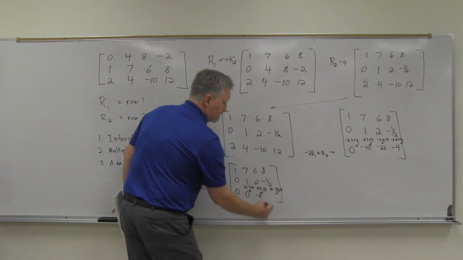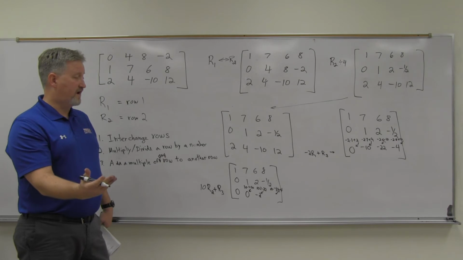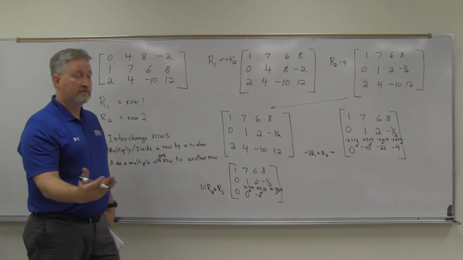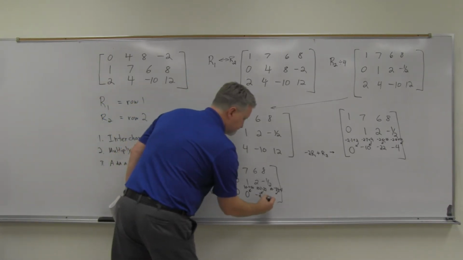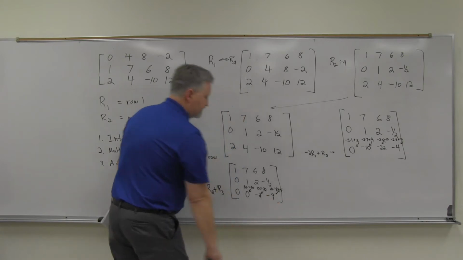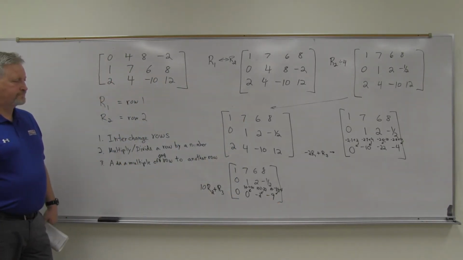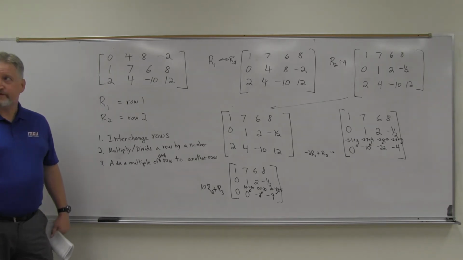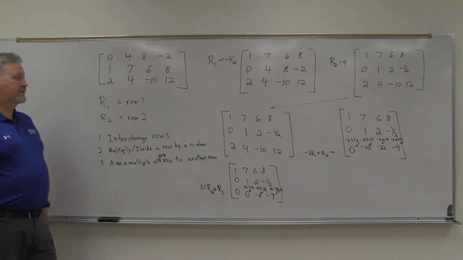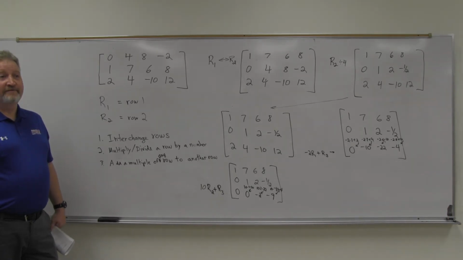That's going to go here. 10 times negative a half, that'll be negative 5 minus 4, negative 9. So now my matrix basically is that. Okay? And we're almost there to row echelon form, aren't we? Yeah, because that negative 2.